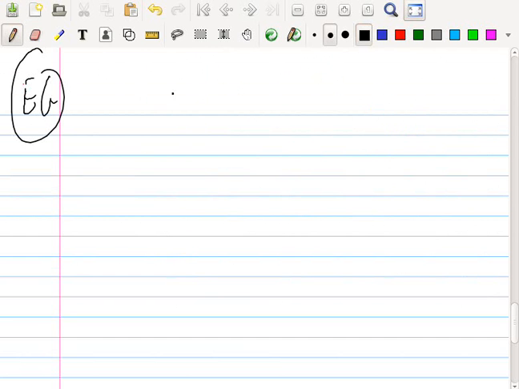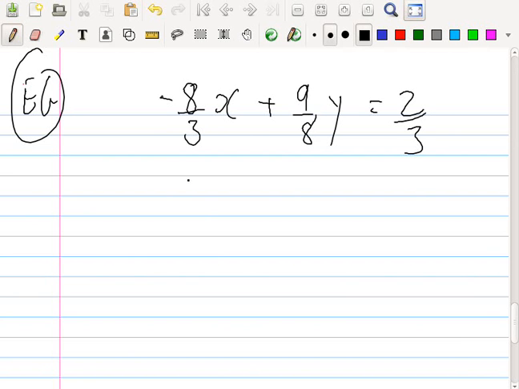Okay, minus 8 over 3 x plus 9 over 8 y equals 2 over 3, and then here minus 8 over 3 x plus 6 over 5 y equals minus 8 over 3.